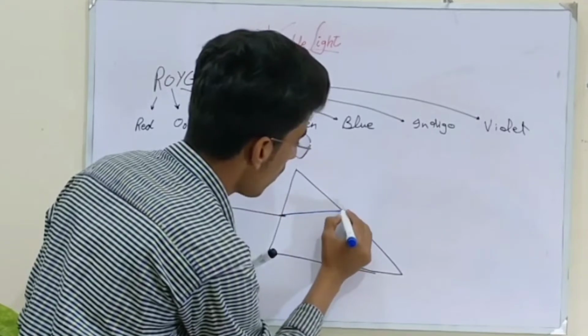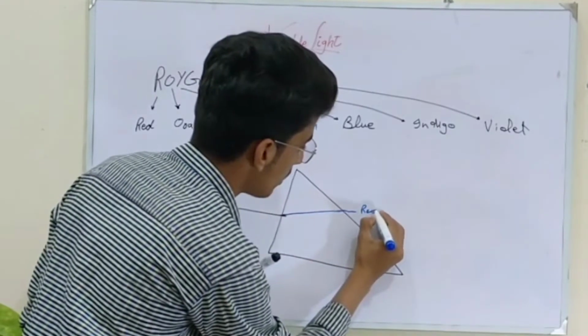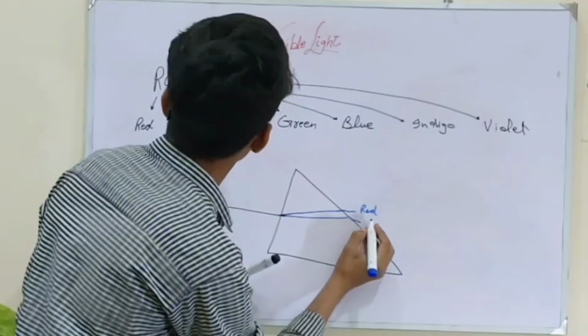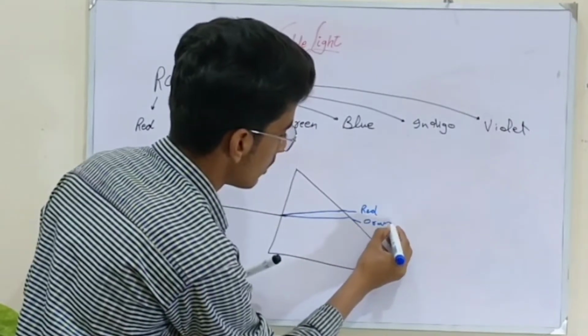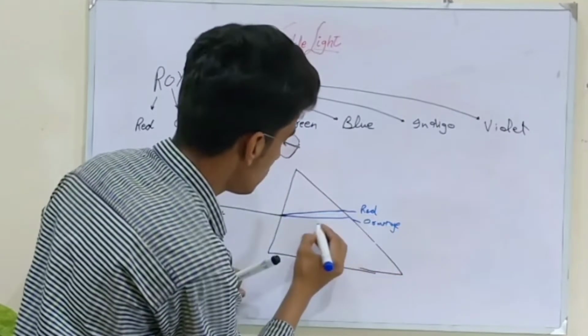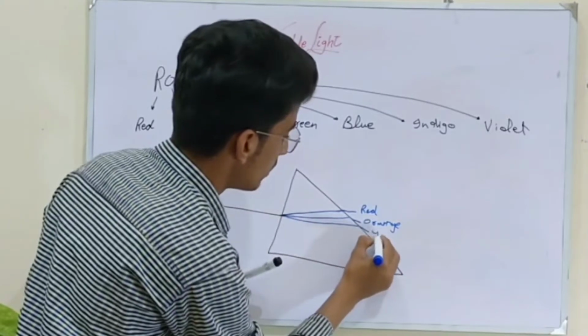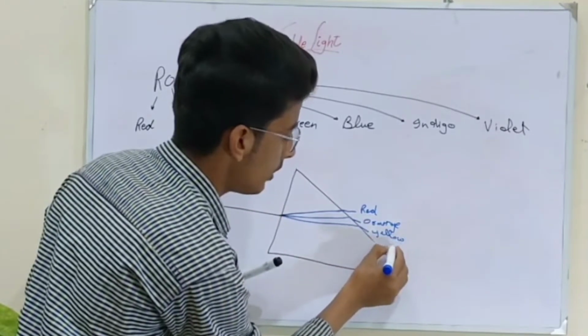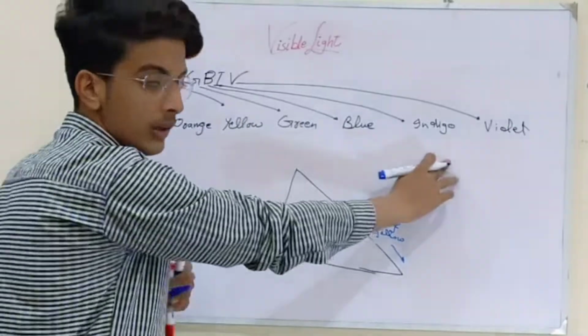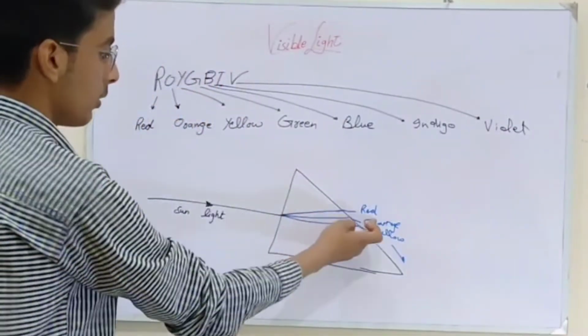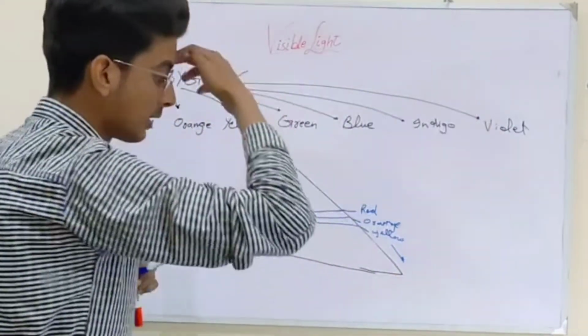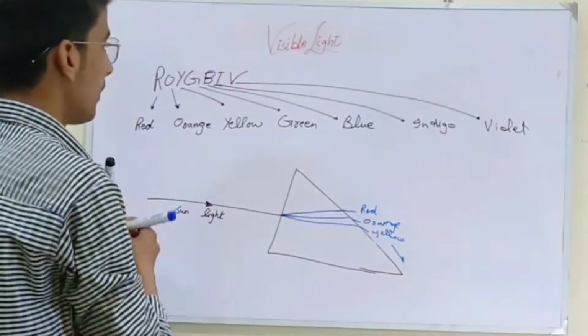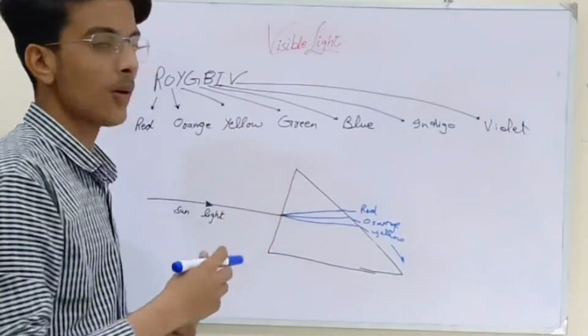Red would be on the top, then orange, then yellow, and in sequence like I have written here, it would continue till violet. These are the seven colors.